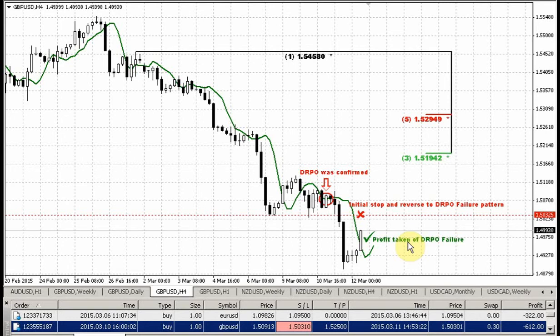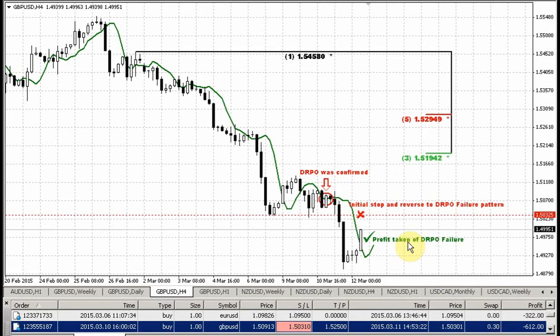So that's why today I have decided to go through it, because right now this trade is very useful for education. It's very clear, and it's a very good example of how to trade double repo and how to behave, how to create the trading plan when you meet the reversing of the position and the turning of the direct double repo into the double repo failure.